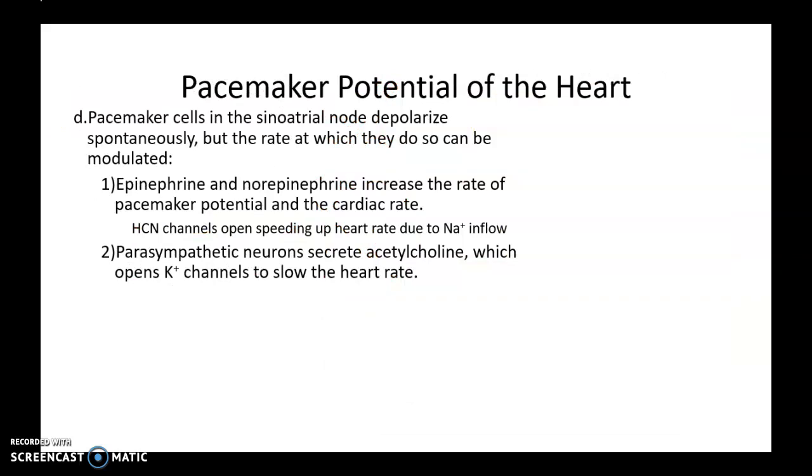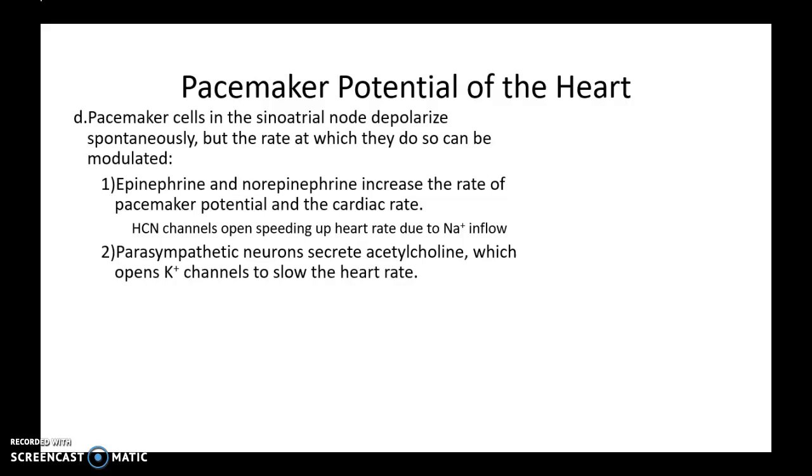So we know that the pacemaker cells are autorhythmic, right? They don't need any stimulation of the nervous system. However, if you are this close to an accident on the freeway, what happens to your heart rate? It paces up, right? Because your heart has autonomic innervation.